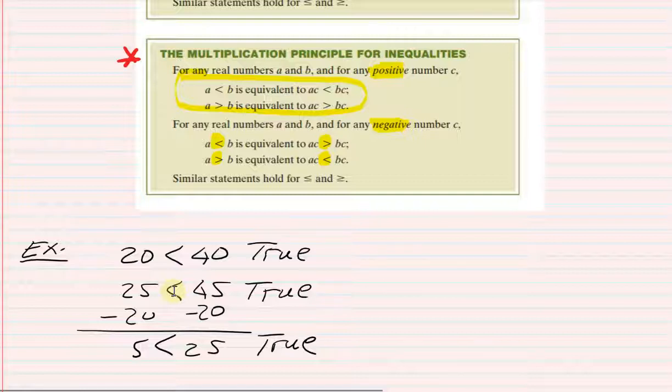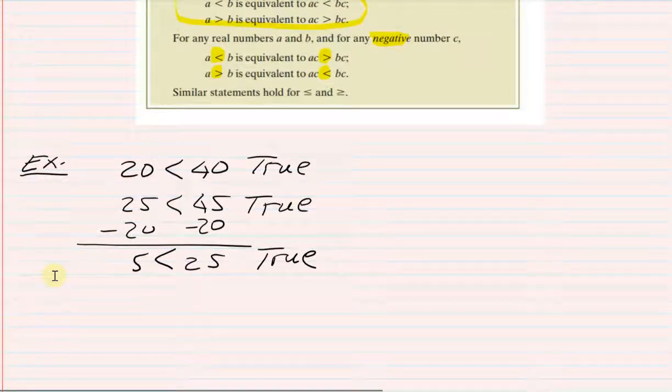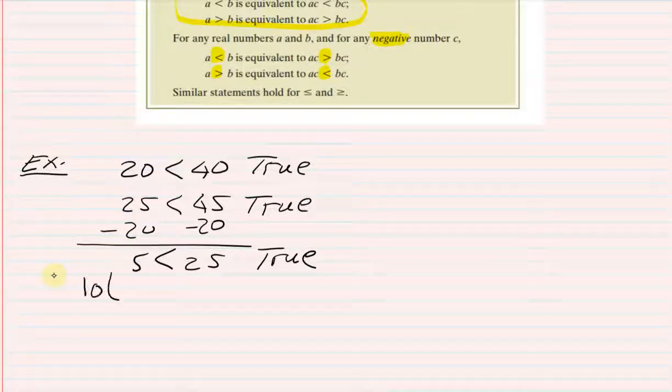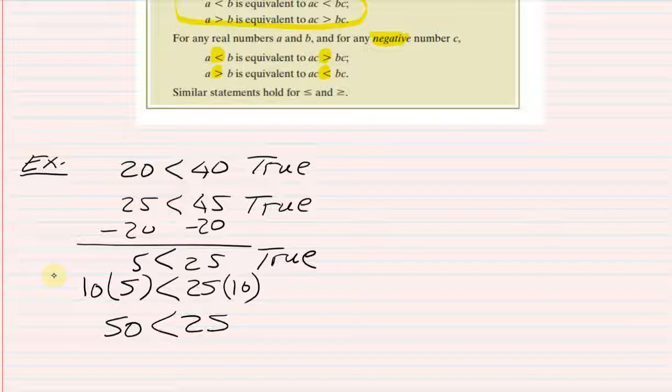In the second step, I subtracted 20 from both sides, and I still maintained a true statement. In the next step I'm going to multiply both sides by a random positive number, 10. That's going to make it 50 is less than 250. Still true.